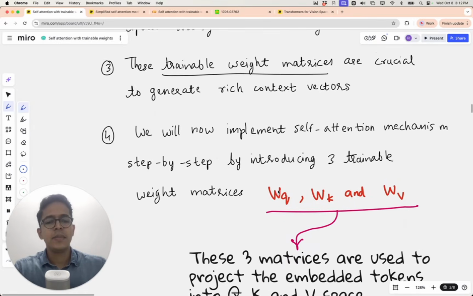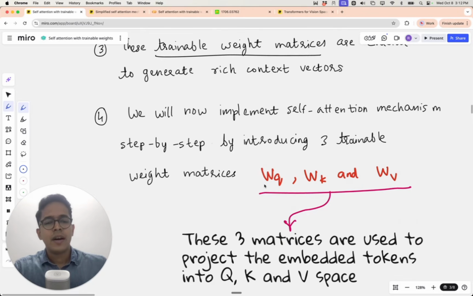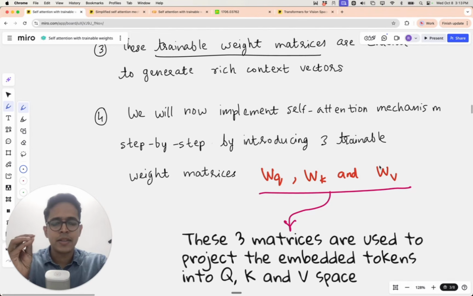And these weight matrices are known by the names query matrix, key matrix, and value matrix. So query, key, and value are terms which you might have heard of in the context of LLMs, but you probably don't have a great intuition about this. So don't worry, we will be paying enough attention to the logic of why these matrices were introduced and what exactly they do to the input embeddings and how exactly it results in a much better context vector.